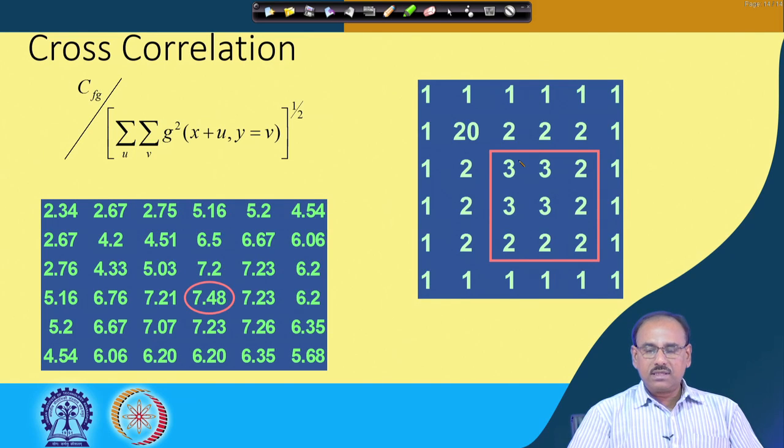So what we have seen is, in case of convolution, I get the response of the system to a given input. In case of cross correlation, I get the similarity between two different images or two different signals. In many cases, these two are confused. The reason is, computationally, the way you compute cross correlation and the way you compute convolution are similar.